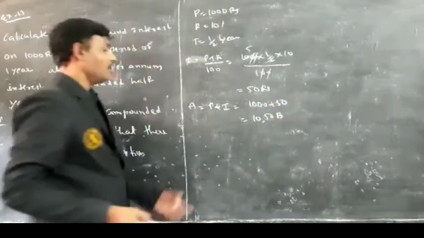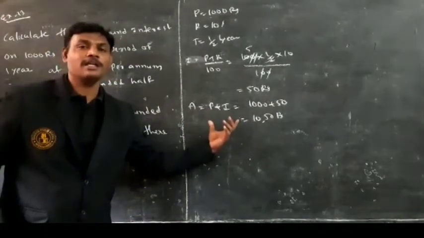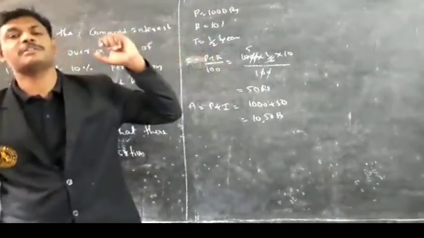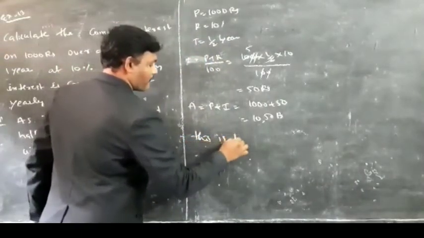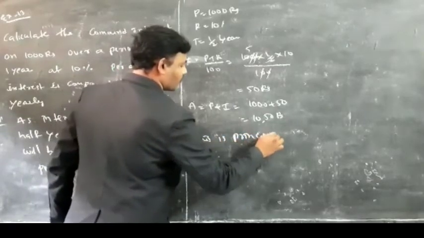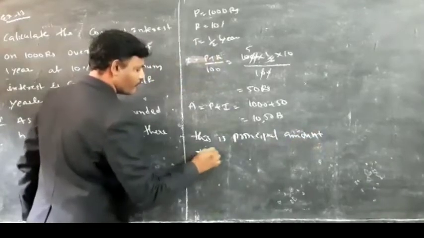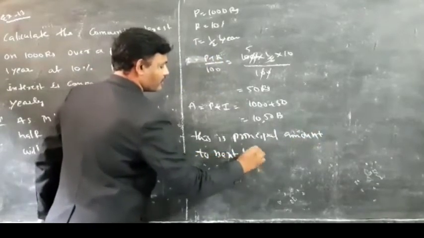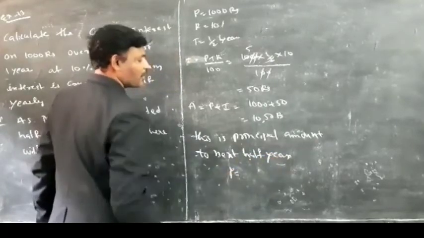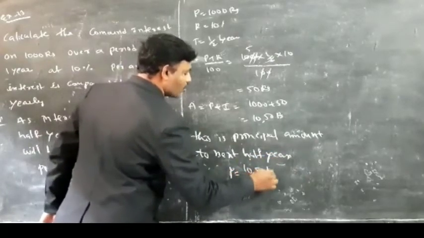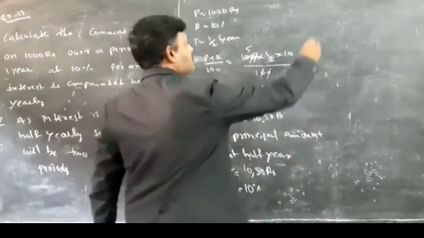So after half year, what is the total amount he has to pay? That is nothing but the principal amount for the next half year. For the next half year, the principal amount is P equal to 1050 rupees and R is equal to 10%.